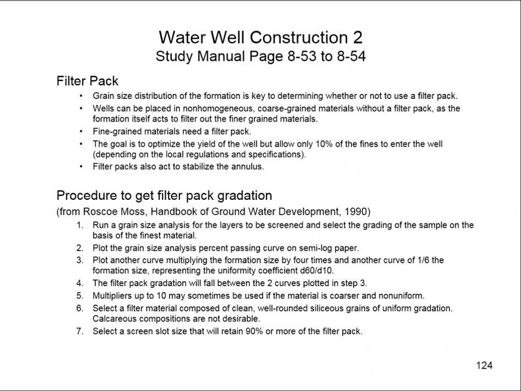And then you're going to plot two more curves, one on either side of that. So you multiply the size of the formation by about 4 times, and then you take about 1/6 of the formation size and draw a second curve. And so your original grain size distribution is going to be between those two curves.